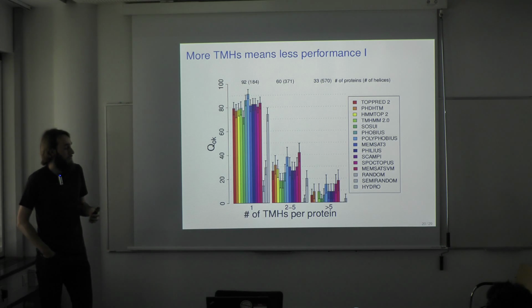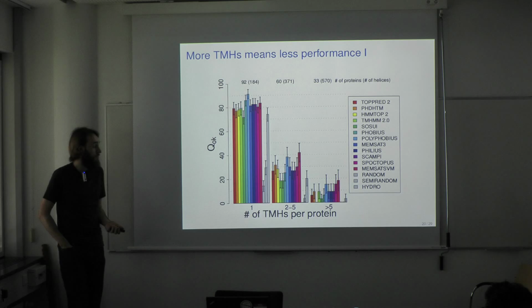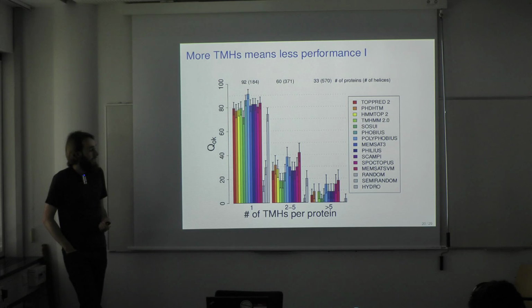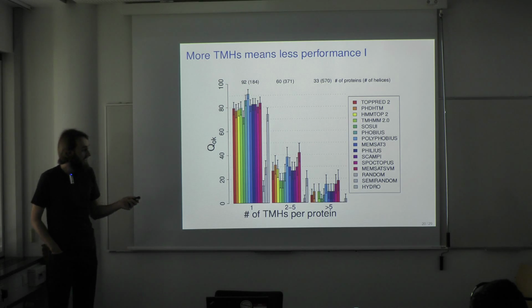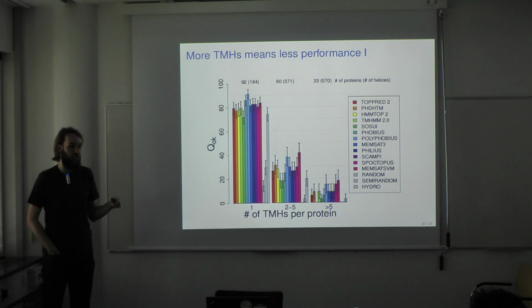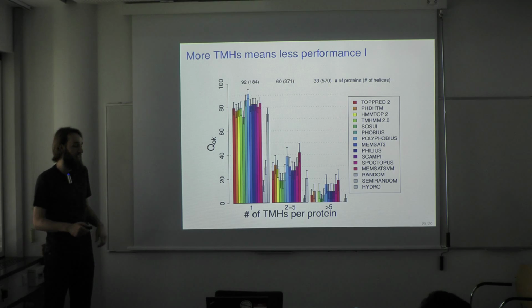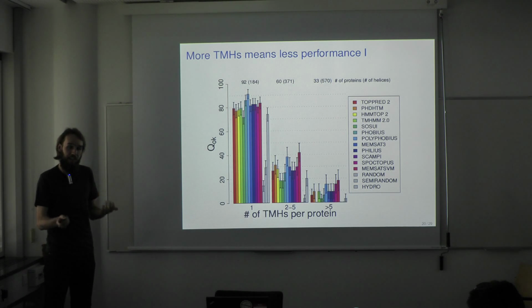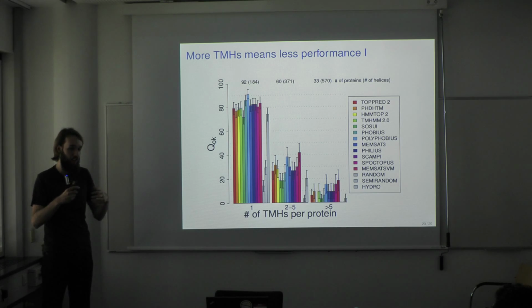But at the same time, this could also be an effect of the biology behind it. So maybe proteins that have more helices really are more difficult to predict. For example, a very basic point is that these proteins here, which only have one helix, the hydrophobicity signal in that helix is typically much stronger. While when proteins have many helices, the hydrophobicity signal in those helices tends to get weaker. One of the reasons is probably because they cluster together in the way they shield themselves, so they don't need it that much, if you will.